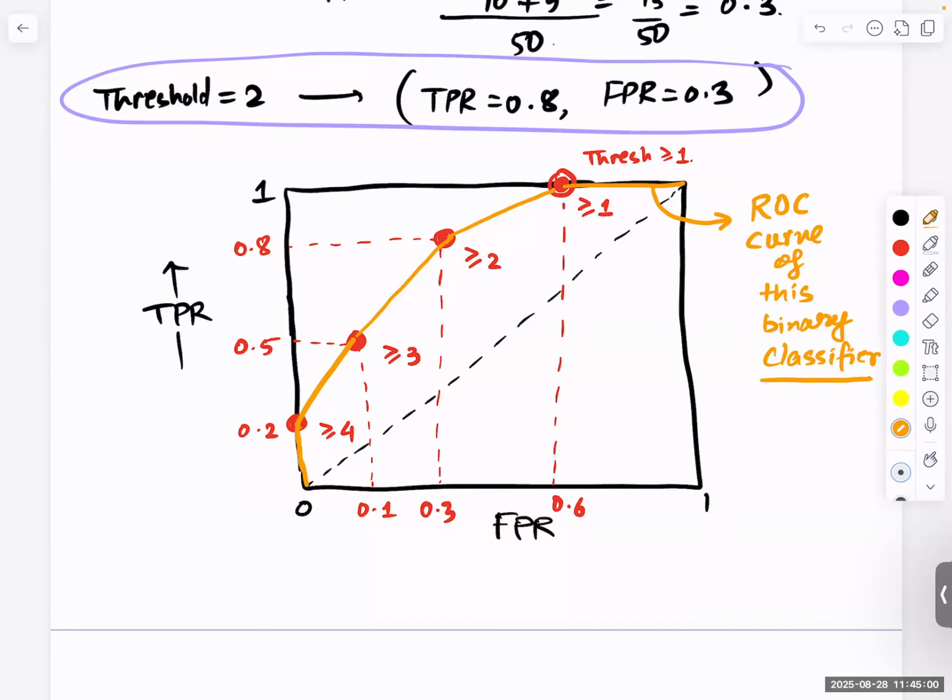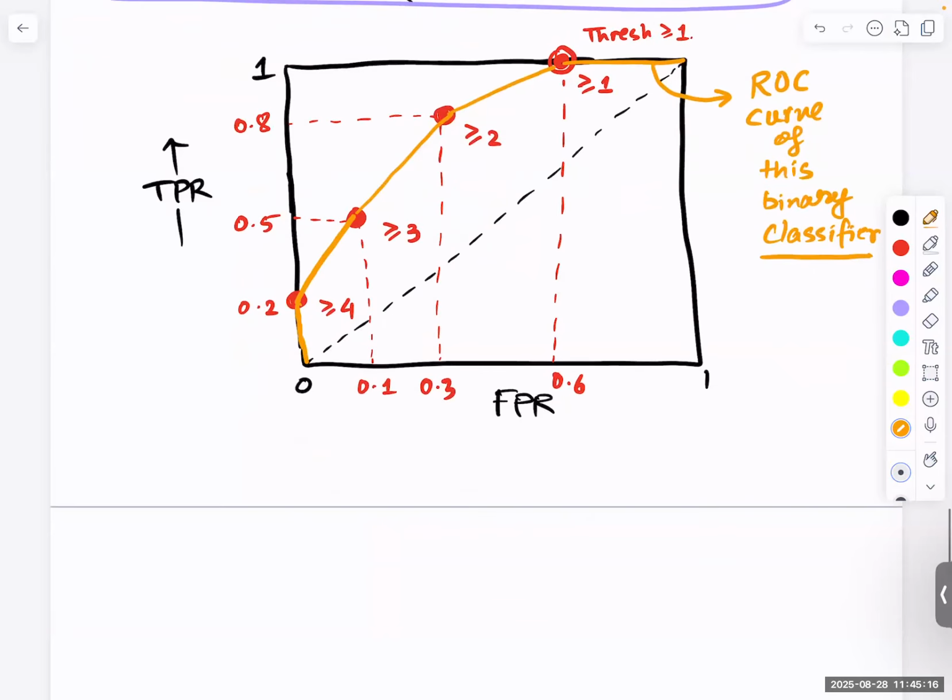Now, what would be a good ROC curve? Once you get this curve, then you would ask, well, if let's say I have another classifier and I have two ROC curves, which one should I pick? Now, the way to measure that is something called area under the curve. So AUROC is known as the area under the ROC curve.